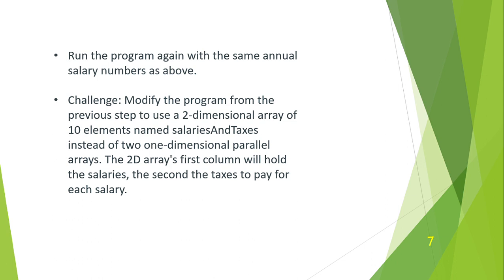But here the challenge is to use a two-dimensional array with 10 elements named salaries and taxes. So the two-dimensional array's first column will hold the salaries, and the second, taxes to pay for each salary.